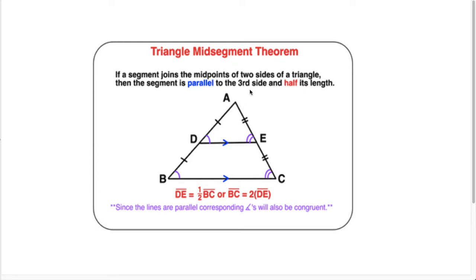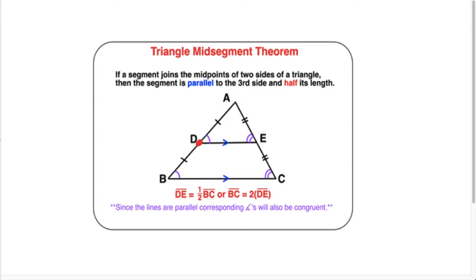So for example, say we have triangle ABC, right? And inside this triangle ABC is triangle ADE. All right, so say for example that this point D is the midpoint of AB, that would make BD equivalent to DA, okay?